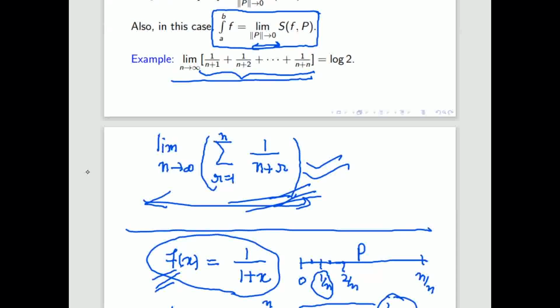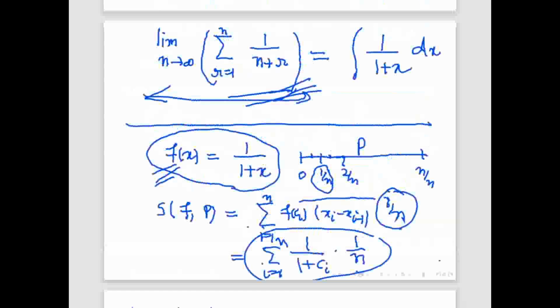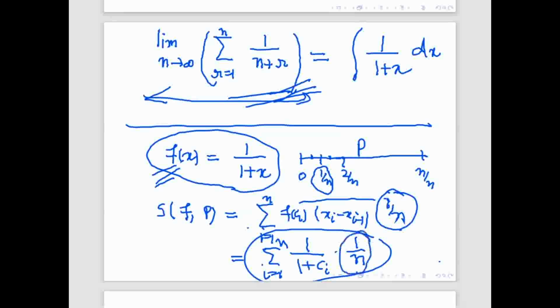So I will directly write in the form of integral 1 by 1 plus x dx and some limit. Here this x is nothing but i by n or r by n, dx is nothing but this 1 by n. If we take this is x, then this is dx.